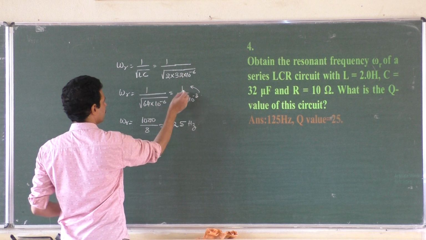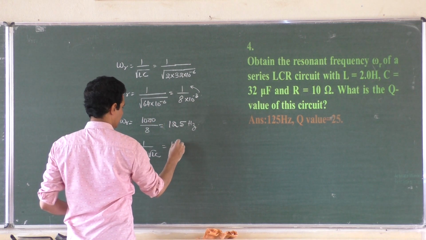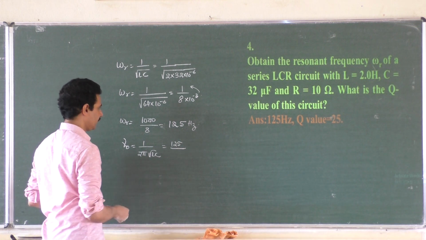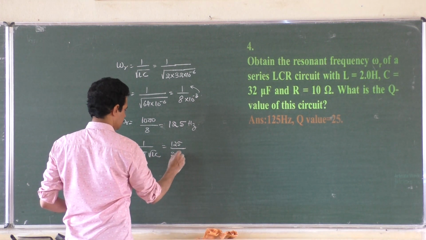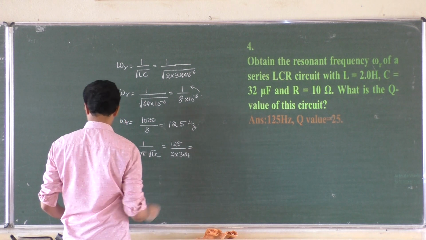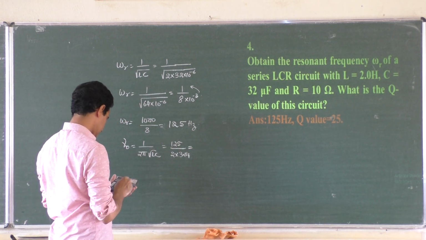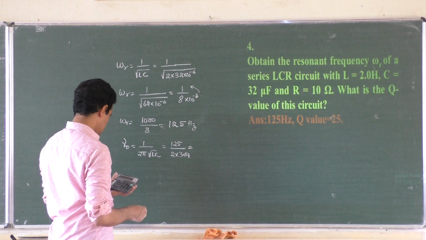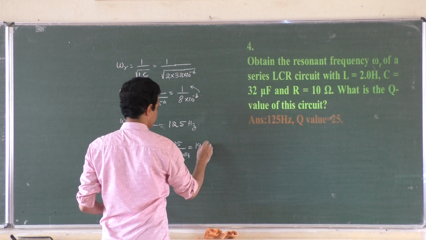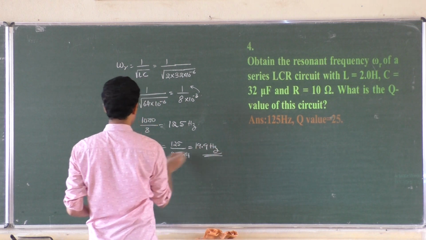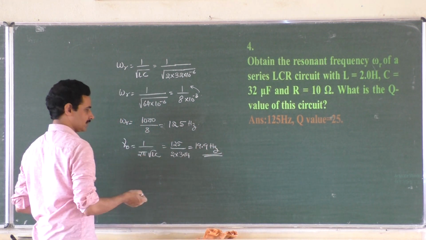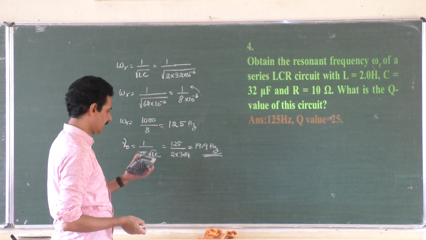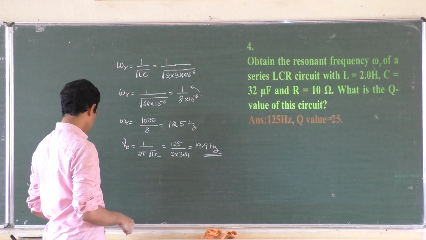We have the ready answer, 125 divided by 2 pi. 2 into 3.14 is 6.28. 125 by 6.28 is 19.9 hertz. Here you have only 2 pi extra, which is a constant, so you need not worry about the unit, same hertz, 19.9 hertz.